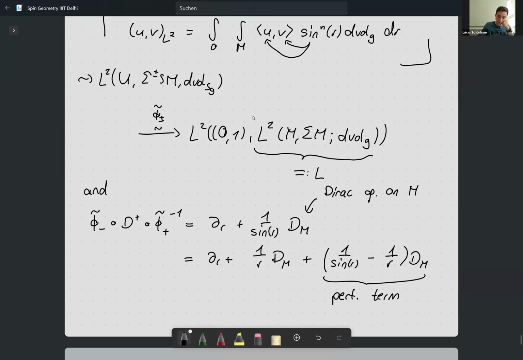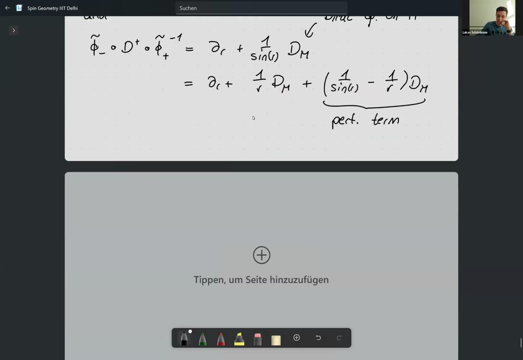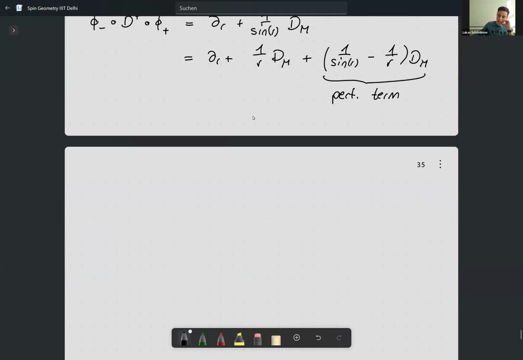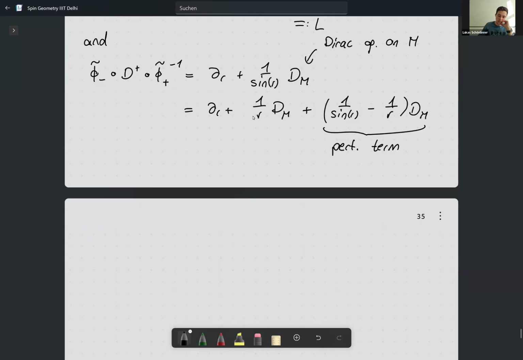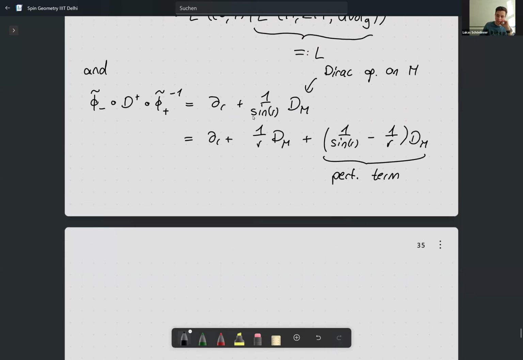And what we want to show here is that the operator is a Fredholm operator, and this is standard theory when you do PDE theory for elliptic equations, for example.